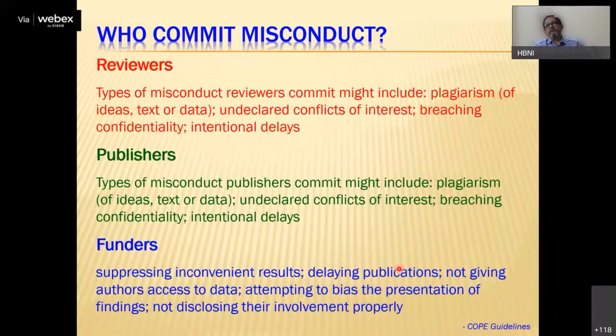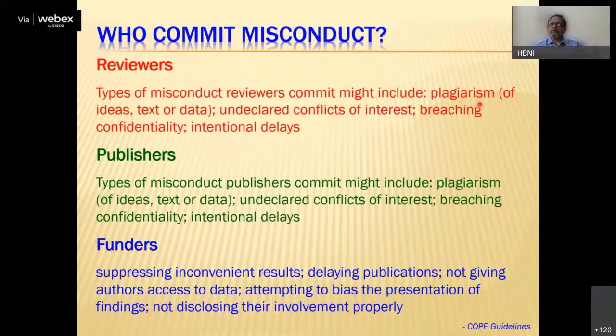Then reviewers. Reviewers also can commit a lot of frauds. Plagiarism is one very common thing which reviewers do. Whenever they get a manuscript for review, instead of doing an honest review and sending it back to the editor, this happens especially when they are in the same field of research.